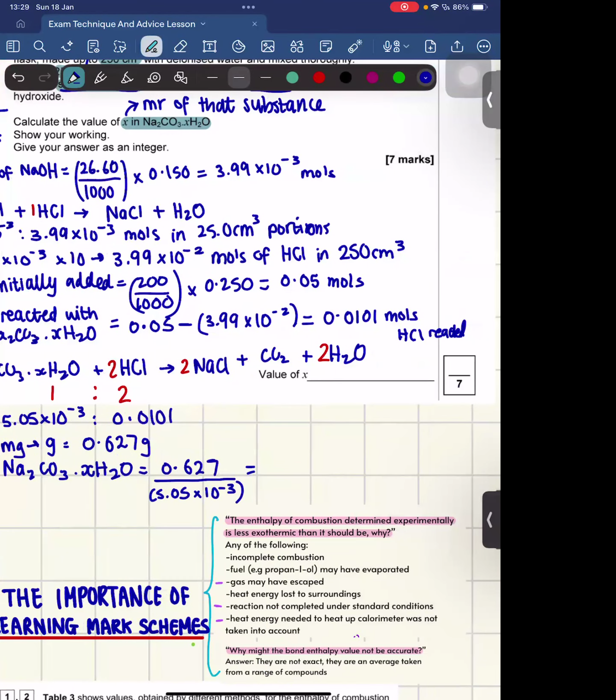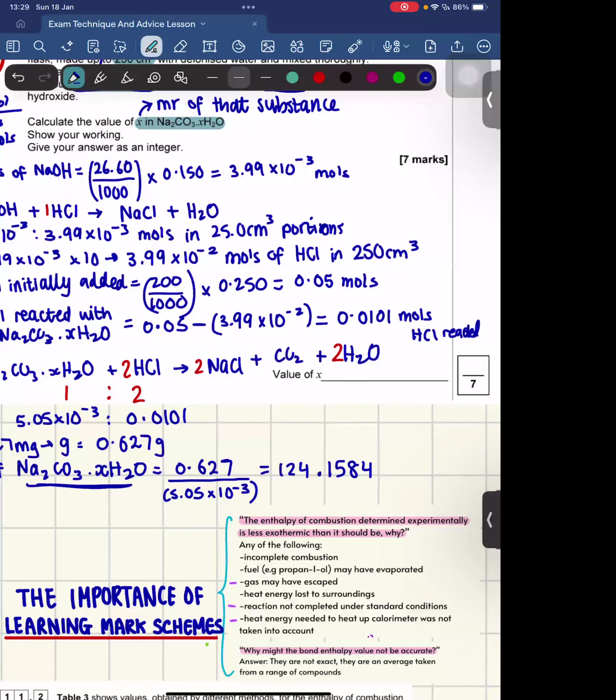So that is going to be, sorry, I need to type that into my calc 1 second. So that should give you 124.1584 as my MR. So that is the total MR of this whole structure.